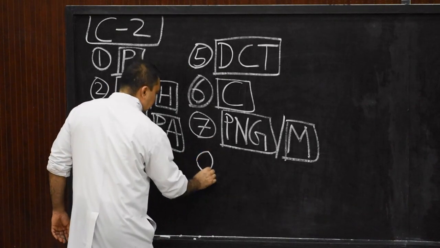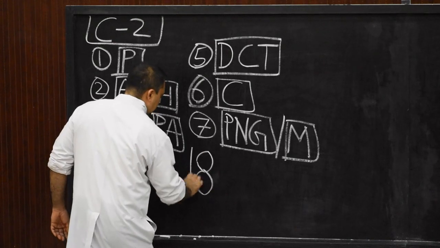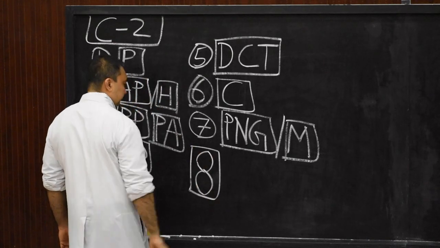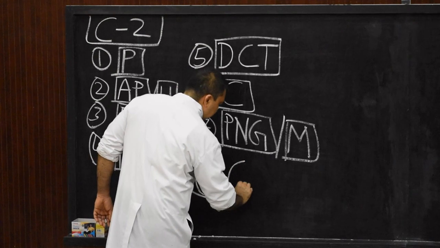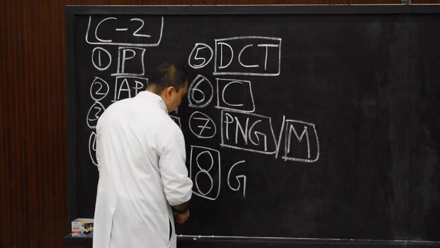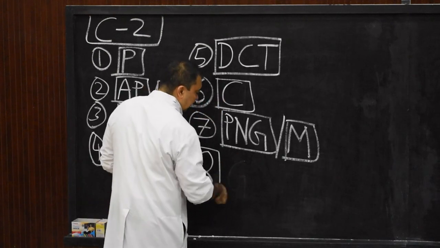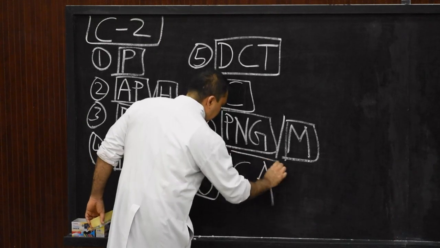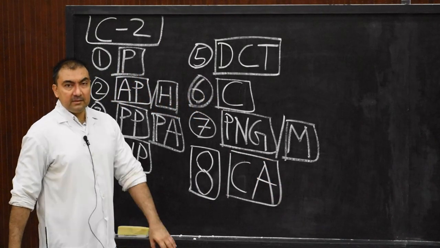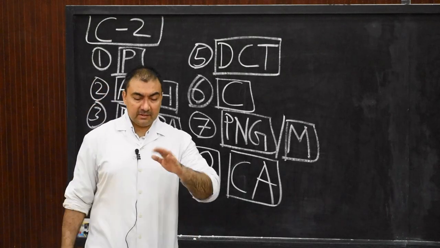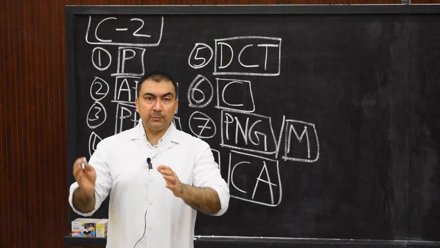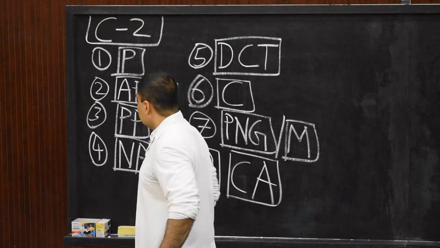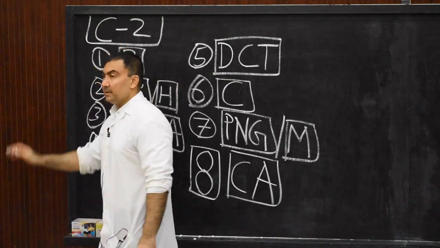Then we come to 8, the last, congenital anomalies. Congenital anomalies of the developing brain. These are the 8 points we are going to discuss in sequence as the growth progresses. So therefore, considering the first point, pallium.